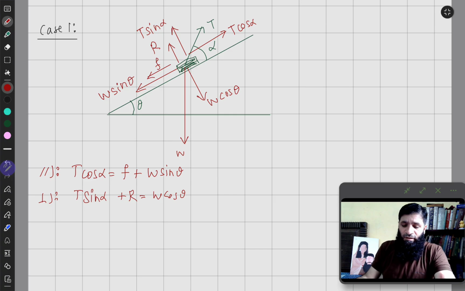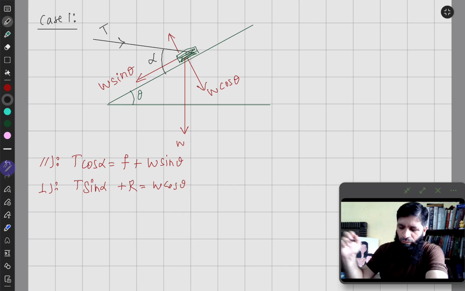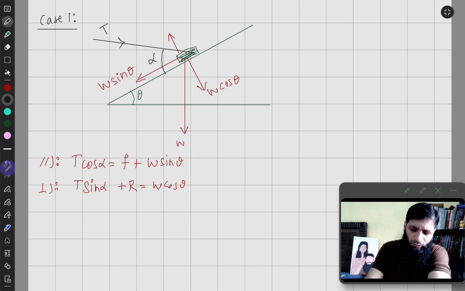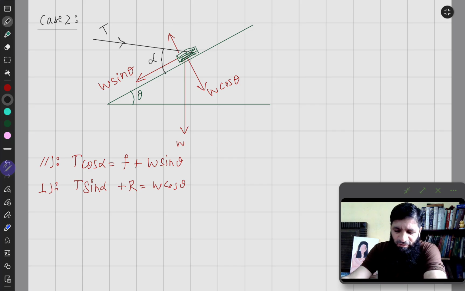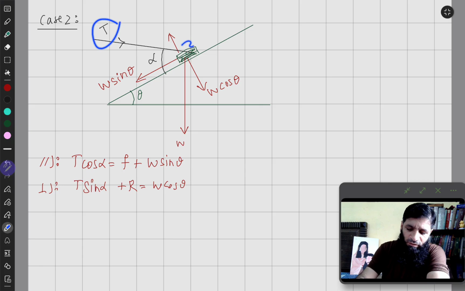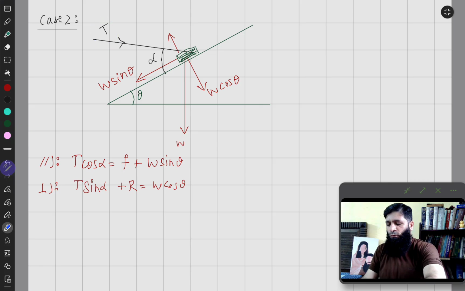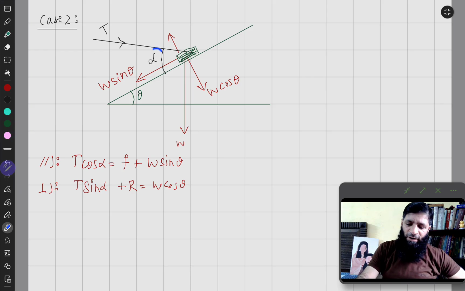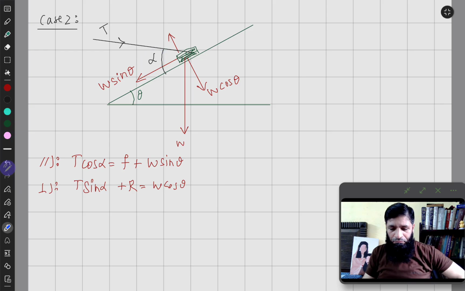So this is case 1 of the inclined plane, and let's talk about case 2 of inclined plane. The difference is that in case 1 you had a pulling force, now you have a pushing force. This force T is pushing this object towards this direction, and again the external force T is making angle alpha with the horizontal.